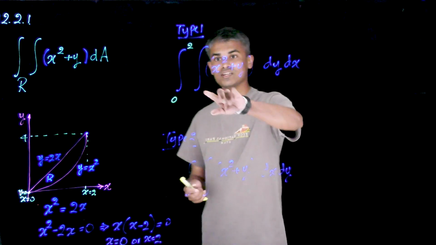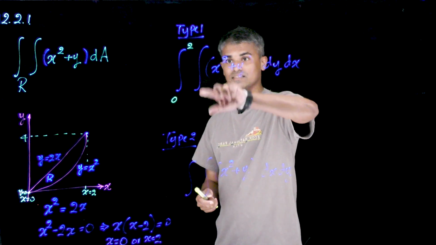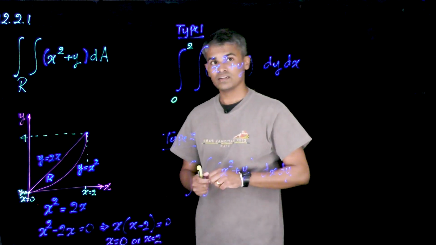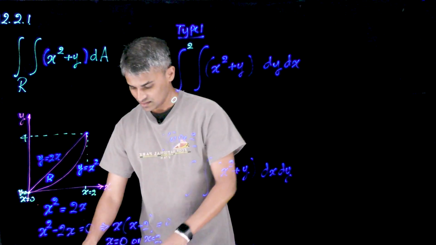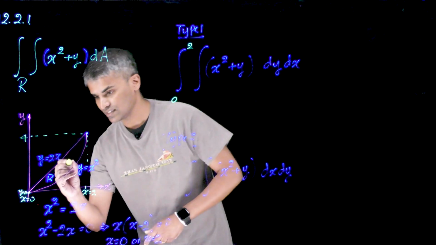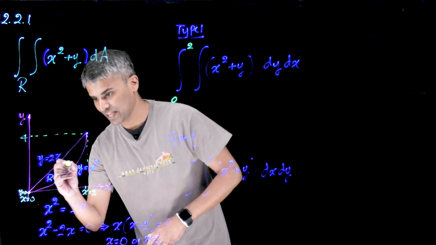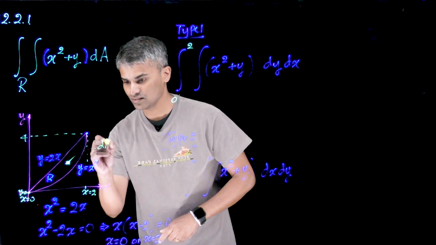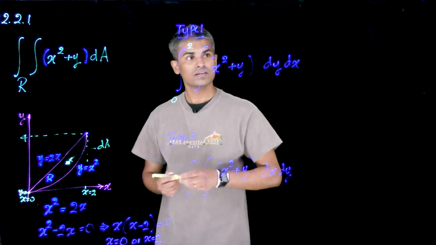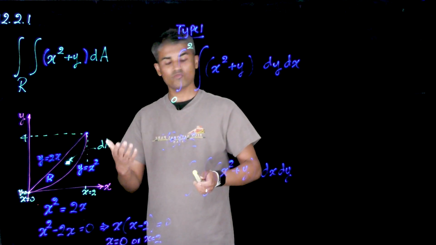Next, we need to figure out the limits of the inner integral. To do that, I always consider a rectangular element like this. So this is your dA.